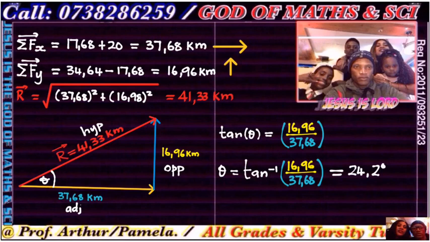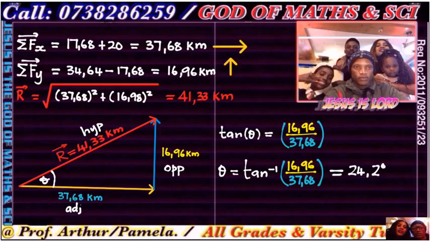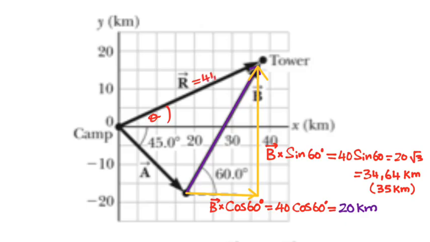That is 24,2 degrees above the x-axis, above the yellow line. So in other words, you are moving from east towards the north. Can you see that? Let's go back to this diagram. We're talking about this angle here, where I put theta. The resultant is 41,33 and the angle is 24,2 degrees.